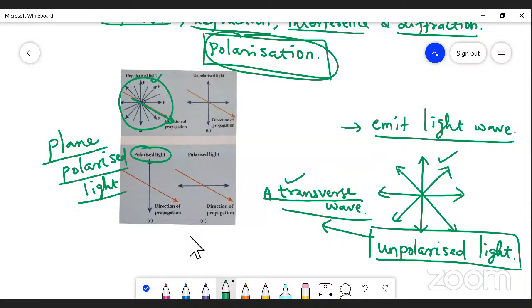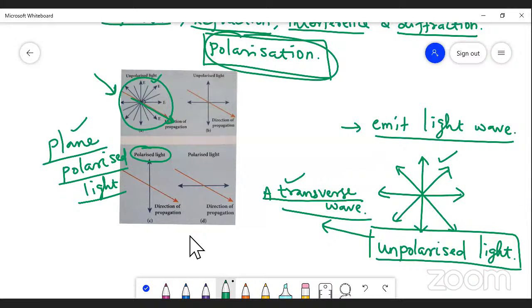Whereas polarized light is a light wave which consists of vibration in only one direction, or otherwise a light wave which consists of vibration in a single plane, which is called plane polarized light, or simply polarized light.